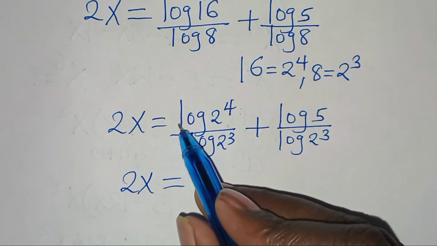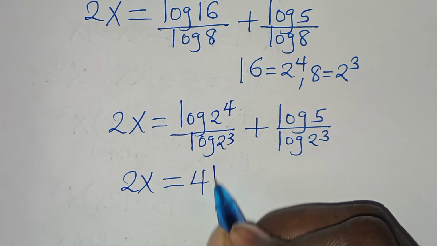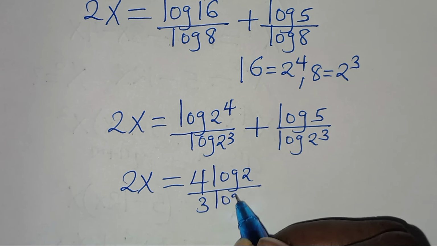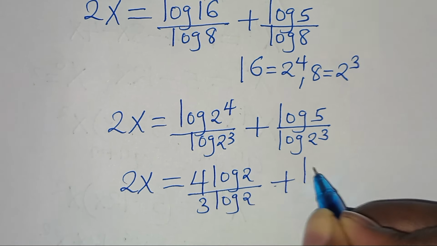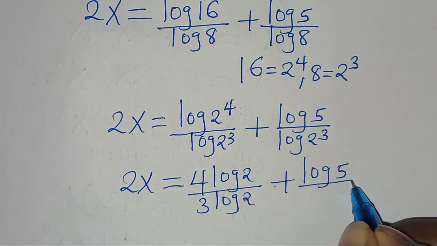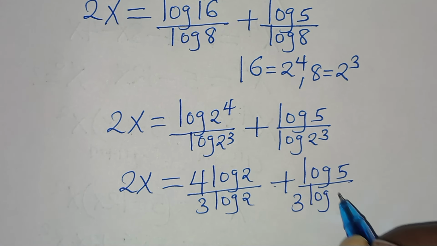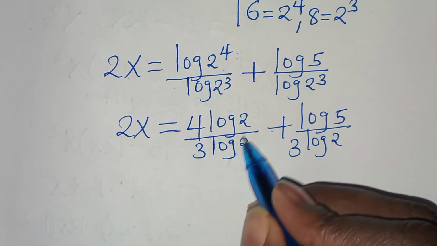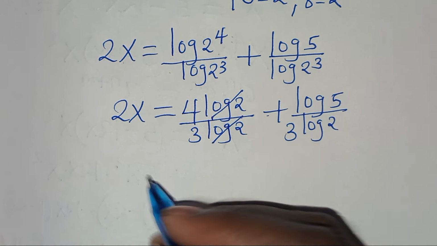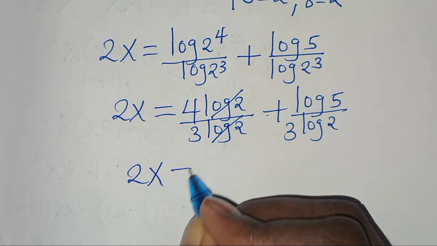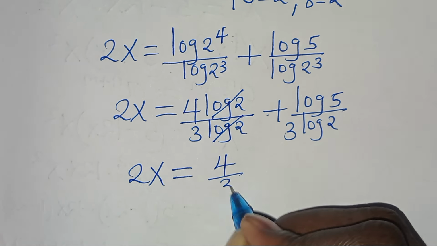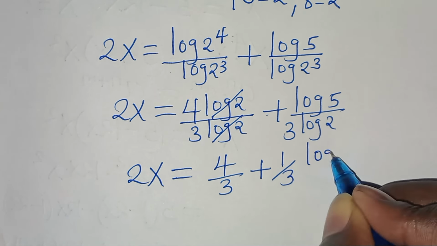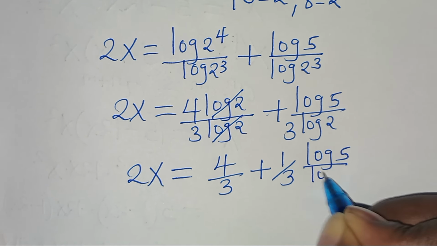This is equal to log 2 to the power of 4 becomes 4 log 2 divided by 3 log 2, then plus log 5 divided by 3 log 2. So let's simplify here log 2 and log 2 so that now 2x, this is equal to 4 over 3, then plus 1 over 3. This is log 5 divided by log 2.